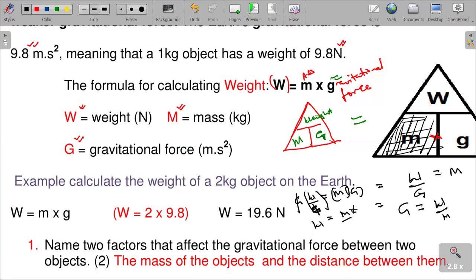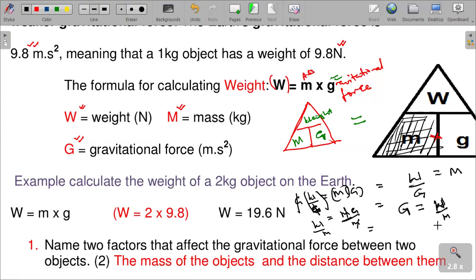To get G, we divide by M on both sides, which gives us G is equal to W over M.